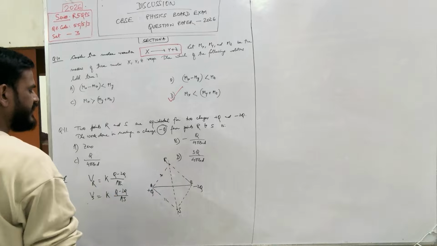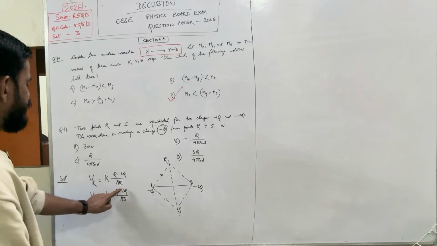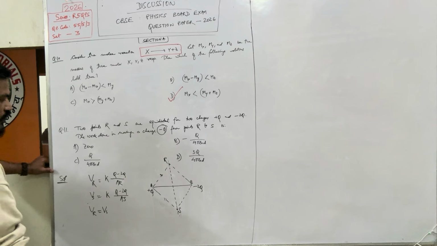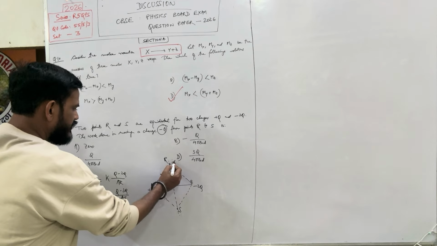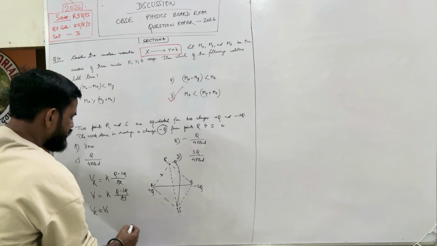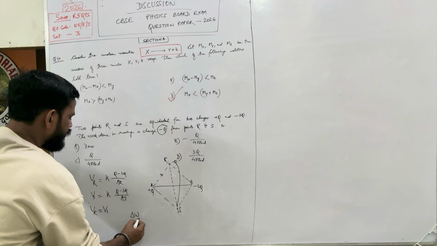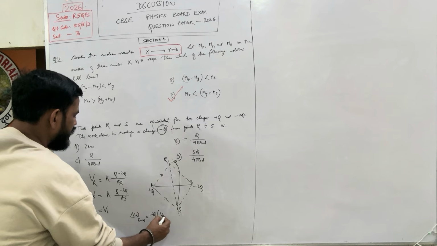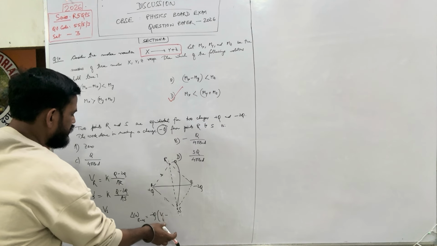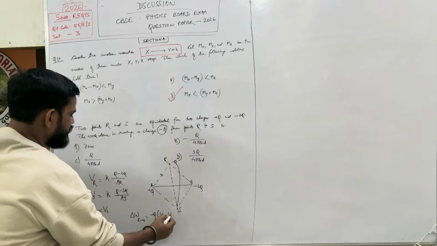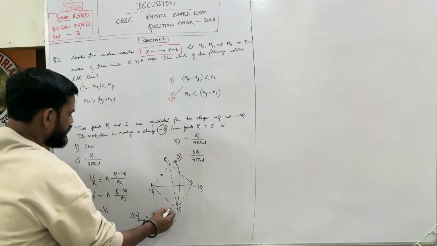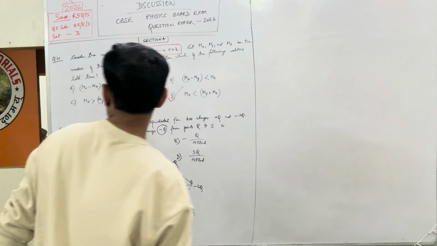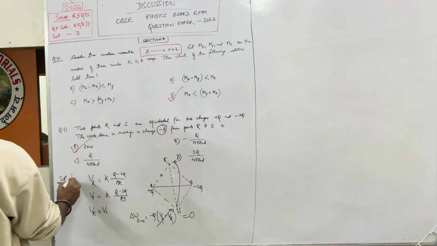Now since AR and AS are the same, potential is the same, so you can say that VR is equal to VS. Now the work done will be, suppose a charge minus Q is moved from R to S, the work done will be minus Q times final potential, potential at S, minus potential at R. Since these two potentials are the same, it is 0. So work done is 0. So the correct answer is A, 0. So A.